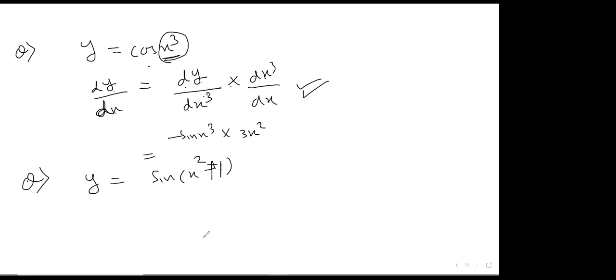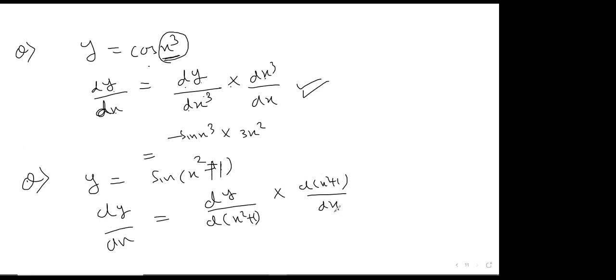Yes, sir. How can we write this down? So dy by dx will be dy on differentiation with respect to x square plus 1 into differentiation of x square plus 1 dx. So this is cos of x square plus 1 into 2x.